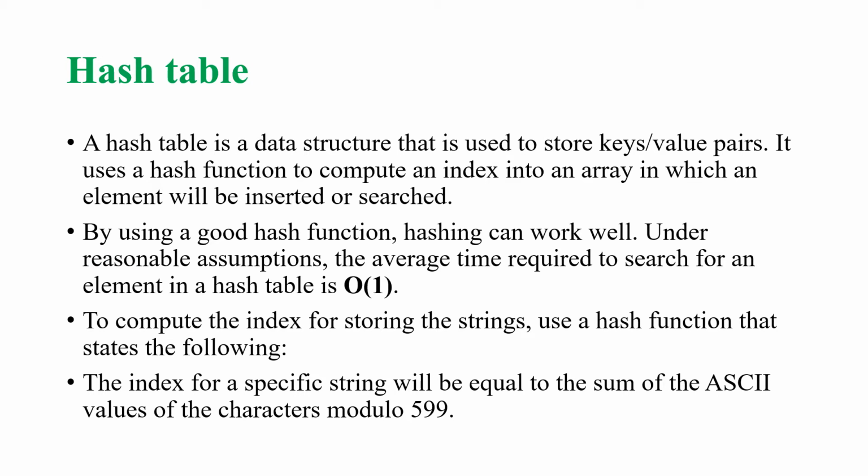What is a hash table? A hash table is a data structure used to store key value pairs. It uses a hash function to compute an index into an array in which an element will be inserted or searched. By using a good hash function, hashing can work well. Under reasonable assumptions, the average time required to search is big O of 1. To compute the index for storing strings, use a hash function where the index for a specific string equals the sum of the ASCII values of the characters modulo 599.